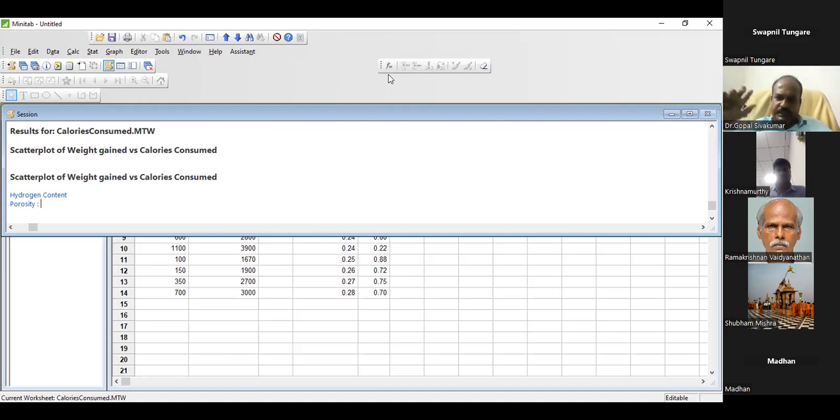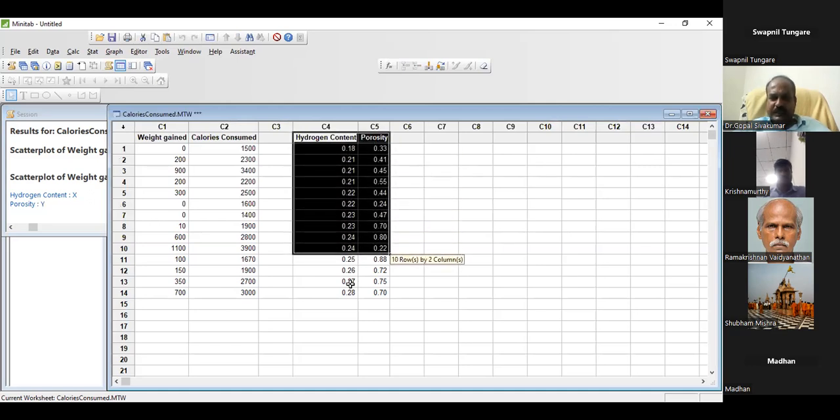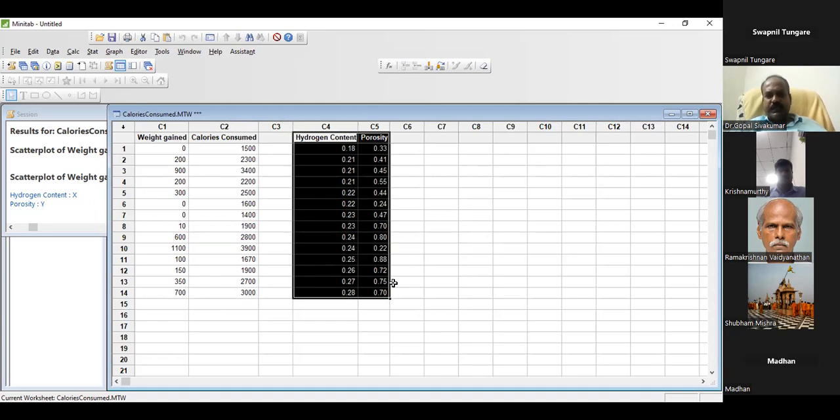Now porosity is a problem, and it is believed that hydrogen content is the cause. That means this is the X variable, this is the Y variable. Somehow you manage to measure the porosity for different values of hydrogen content, and you want to study whether there is a relationship.